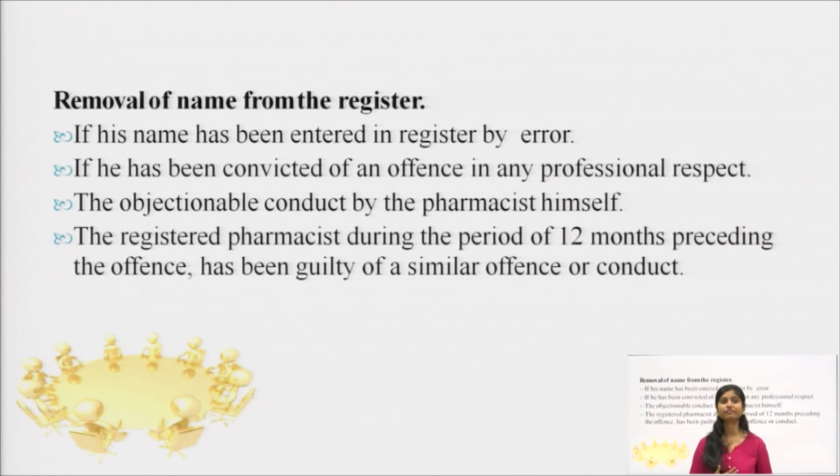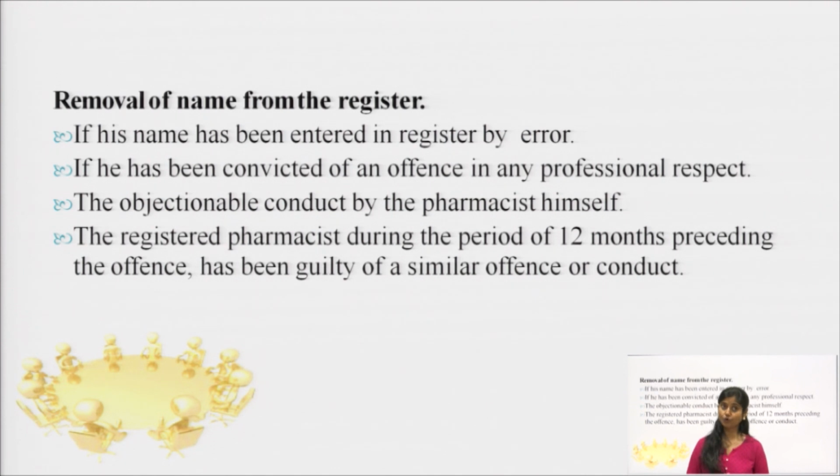So first, if his name has been entered in the register by error; if he has been convicted of an offence in any professional respect, कोई भी आपने offence किया है या गलती से आ चुका है आपका नाम; the objectionable conduct by the pharmacist himself, the registered pharmacist during the period of 12 months preceding the offence has been found guilty of a similar offence or conduct, that is after first warning, अगर फिर भी आपने उस offence को repeat किया then also your name can be removed from the register.